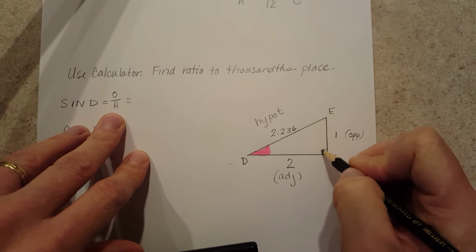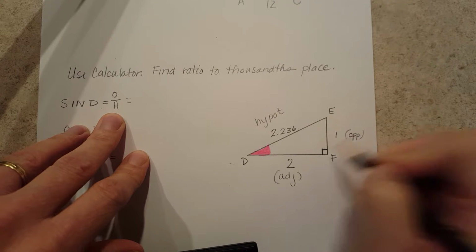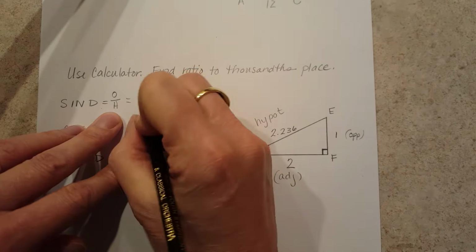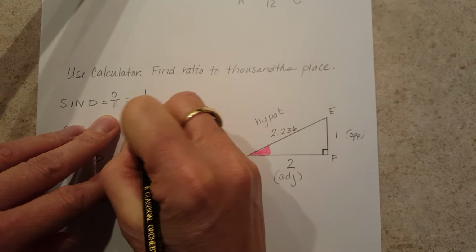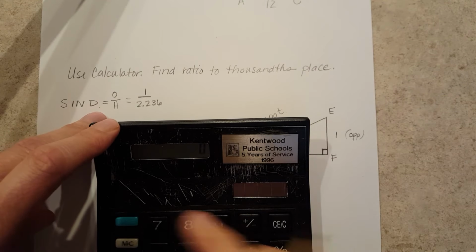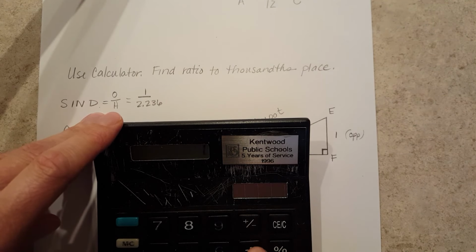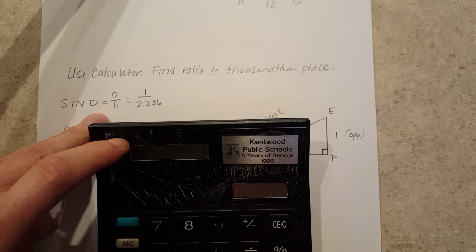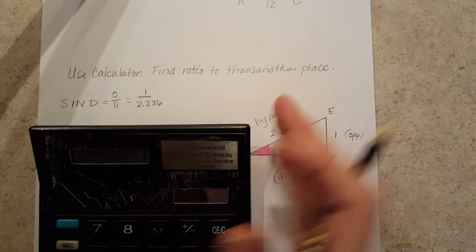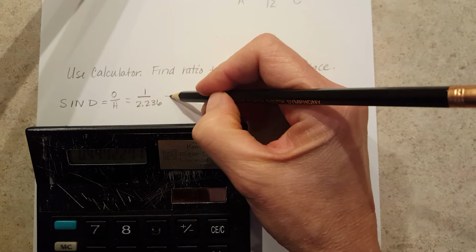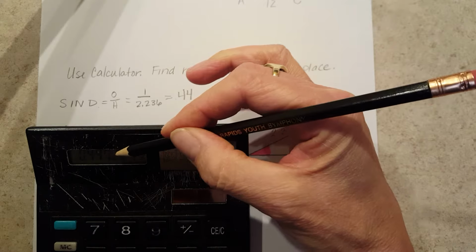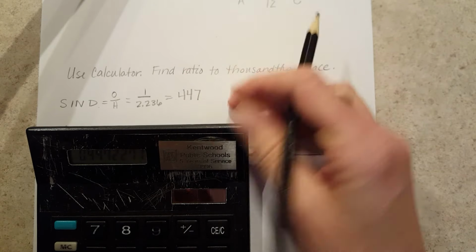Didn't draw it there, so that would be confusing, but that's your right angle. So opposite, 1 over 2.236. And then I would just use your calculator and divide. And I think your directions in your book also say use a calculator. So we get 0.447222. So we round it. 0.447 would be the thousandths. 2 means I stay at 7.